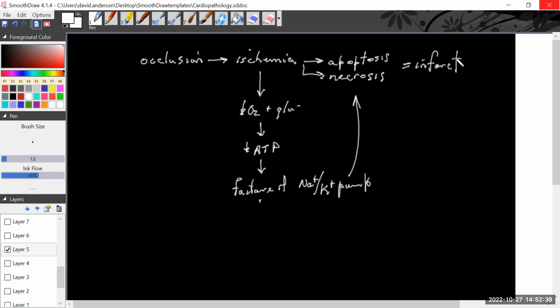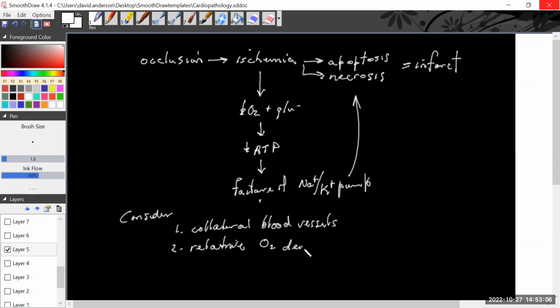Okay, so we consider collateral blood supply, we consider the relative oxygen demand, and then lastly we consider the size of the infarcted area.